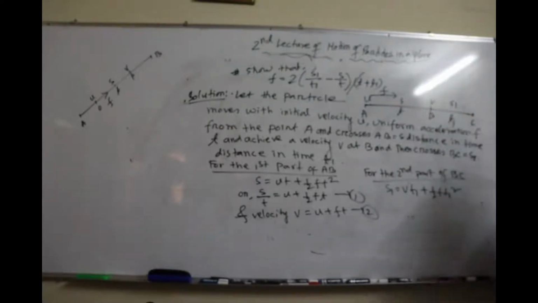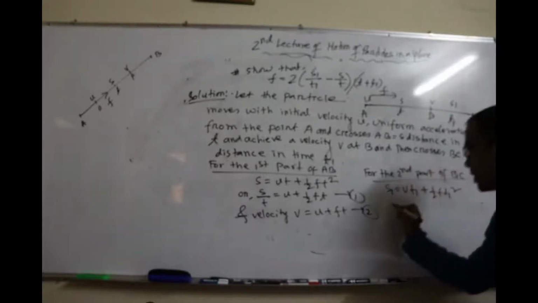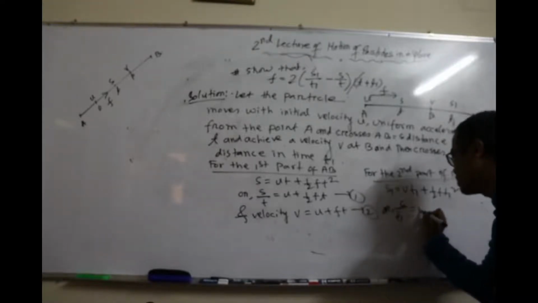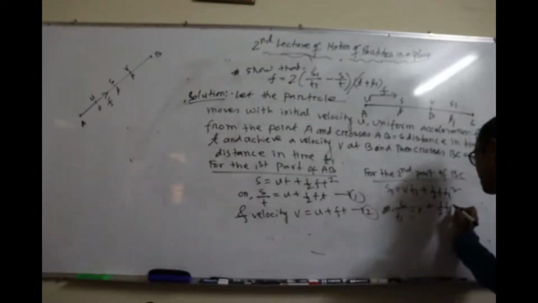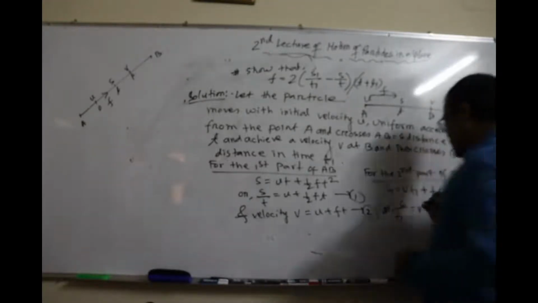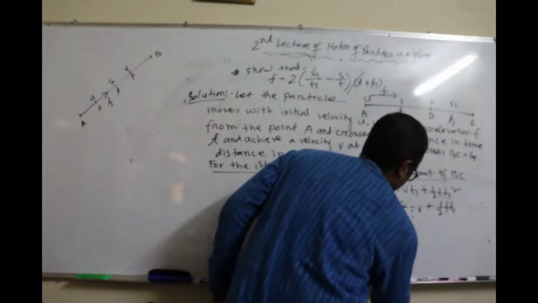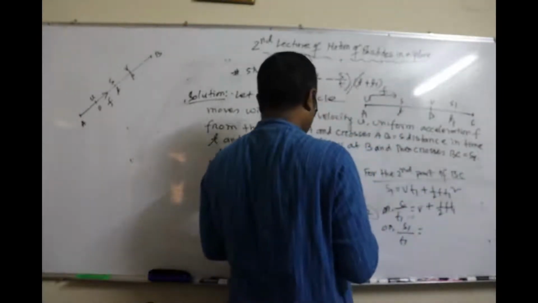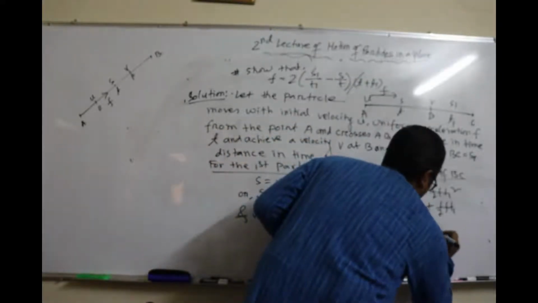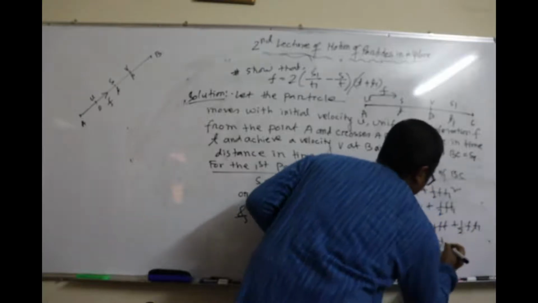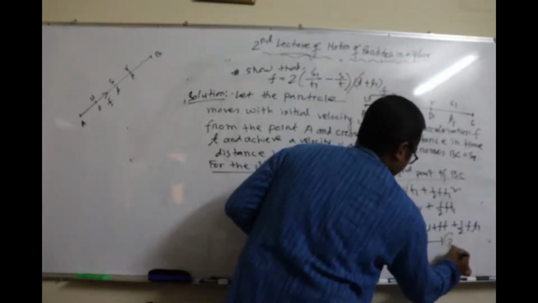Here initial velocity is v for the second part of BC. If you divide by t1, then we get s1 by t1 equal to v plus half of ft1. Clear? So here s1 by t1 equal to v means, this one is given for the first part, u plus ft plus half of ft1. This one is equation number 3.